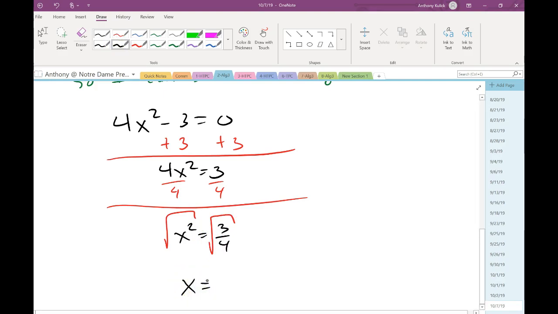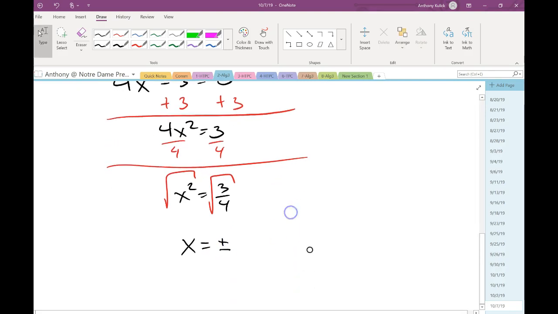And when I square root both sides of an equation like this, what do I have to remember? That I get a plus or minus.